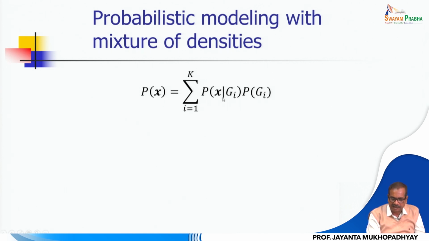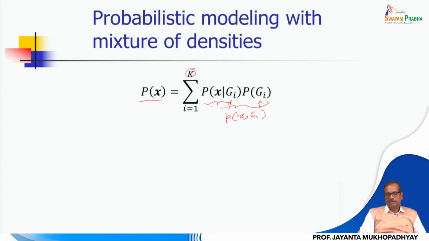This is the likelihood part, which gives you the probability of x, and this is the contribution from each class, denoted by gi, and there are k classes. For each one, we have this likelihood function, probability of x given gi, and probability of gi. You know that this is nothing but the joint probability of x and gi.